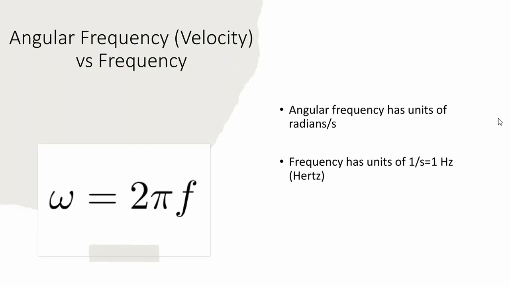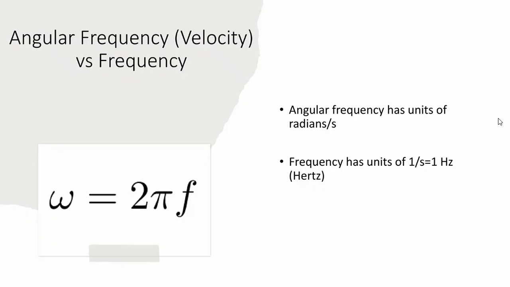There are two different types of frequency in physics, and it's important to pay attention to which one they're talking about. Angular frequency is the same thing as the angular velocity, but that's different than just frequency. The angular frequency is 2 pi times the frequency.